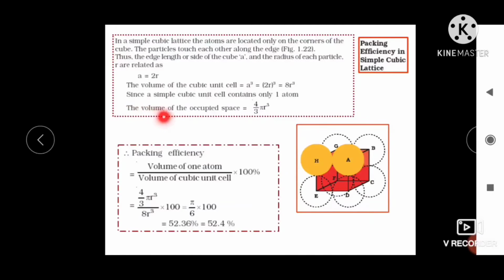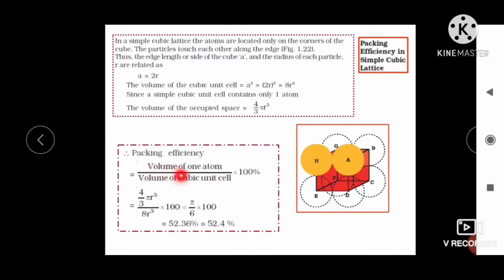The volume of the occupied space equals 4 by 3 pi r cube. Then, packing efficiency. What is packing efficiency? Packing efficiency equals volume of one atom divided by volume of cubic unit cell, into 100.